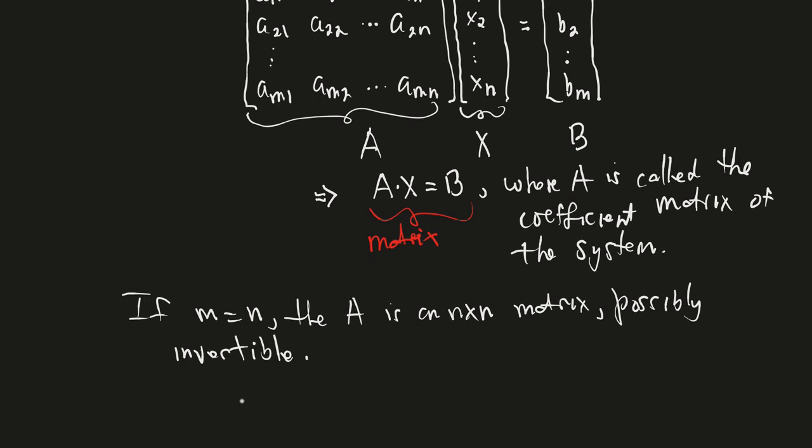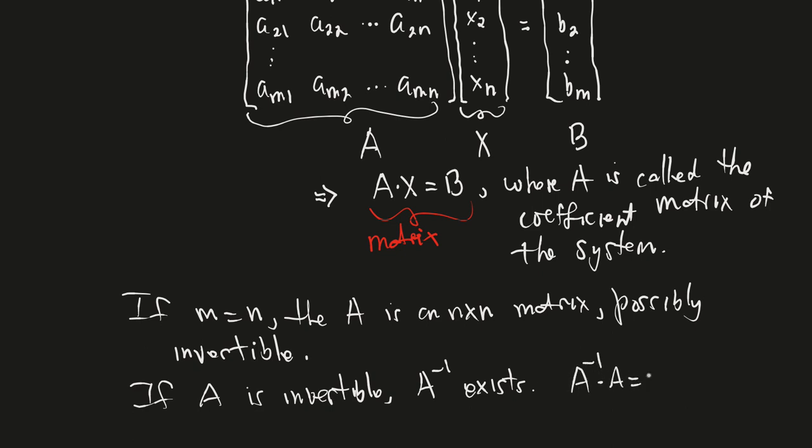So if A is invertible, right, that means A inverse exists. And what property does A inverse have? Well, if I take A inverse times A or A times A inverse, I will get the n by n identity.